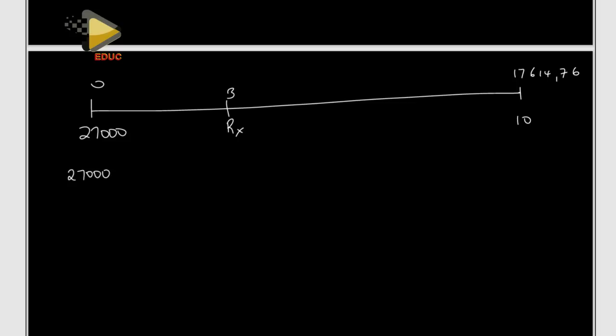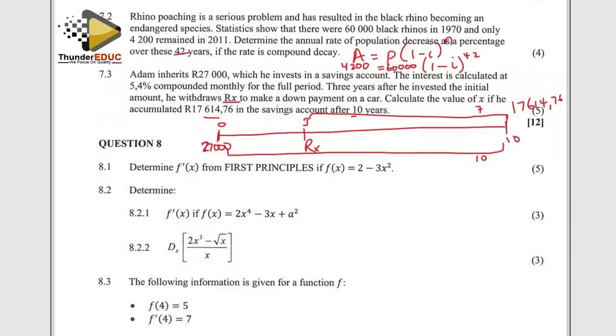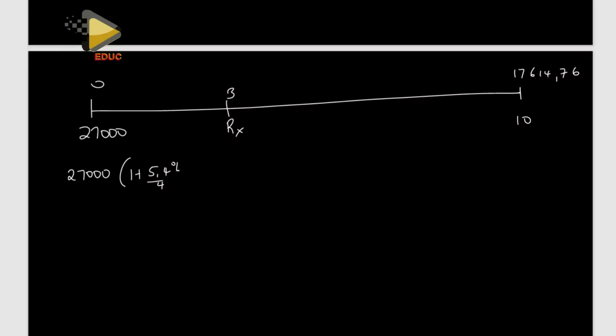I can look at the 27,000 for the first 3 years and then the next, but I would prefer to work it out at the same time. So we said we're using 5.4%, compounding monthly. So 12 to the exponent, I'm going to say 12 times 10.